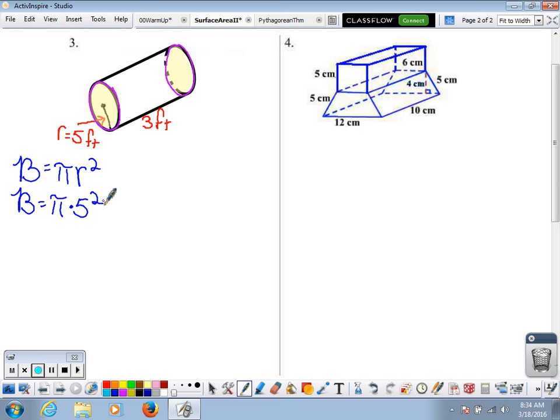Well, what's 5 squared? Good, it means it's multiplied by itself. So 5 times 5 is 25. So we would do 25 times pi, and we would get about, give me one decimal place, Dylan.